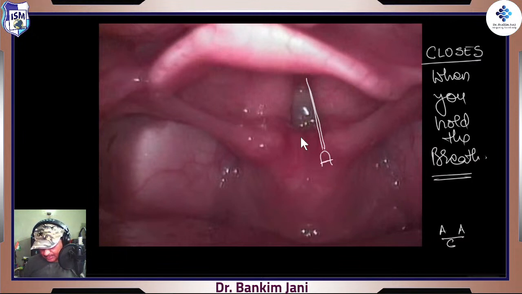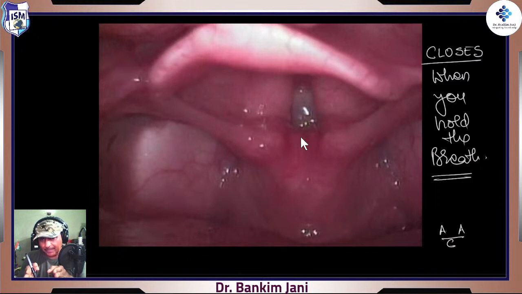So this vocal process is highly mobile. Because it moves, it changes the shape, the dimension and the tension on the vocal ligaments. So yes, the vocal process is vital for the vocal opening or closing, because it is flexible.